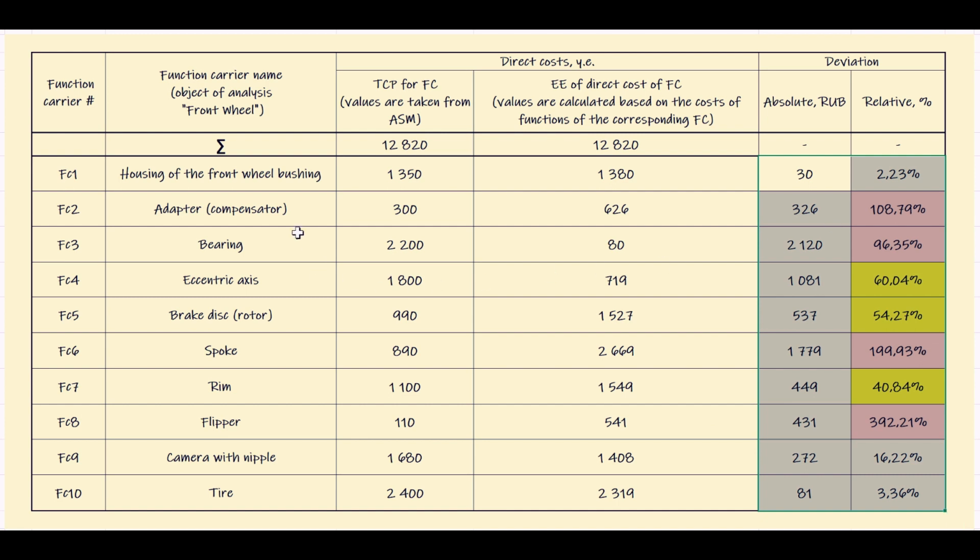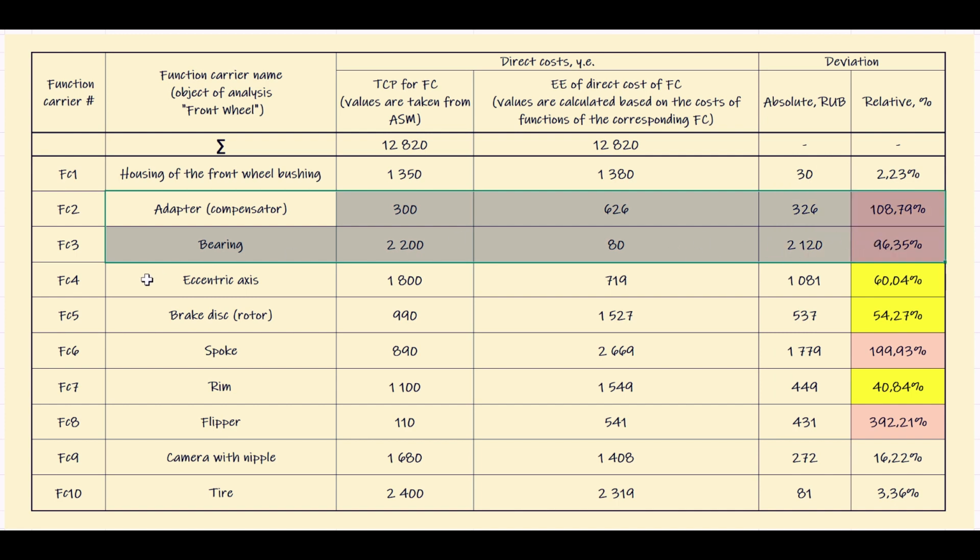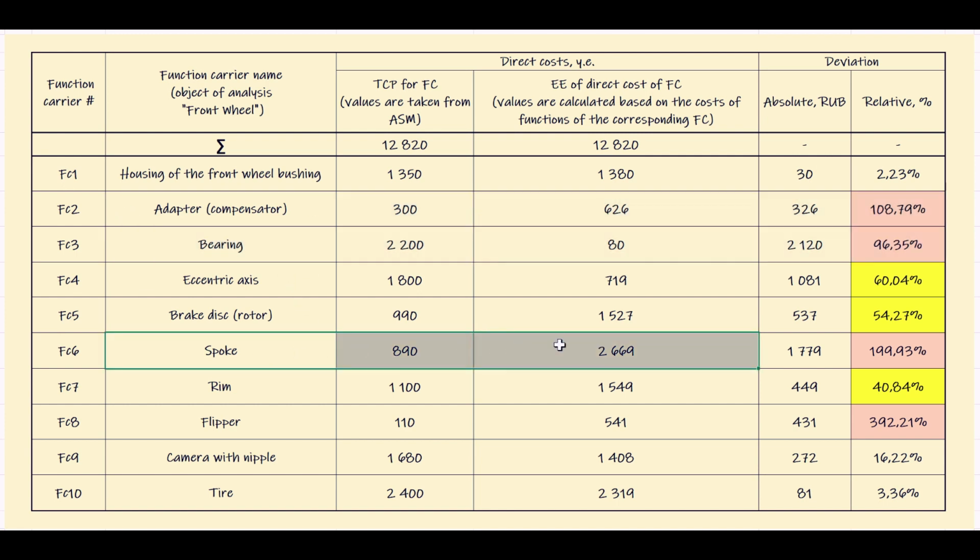Indeed, for the lower-level abstract functional model and complete functional model, significant discrepancies between the calculated and actual values are impossible. Firstly, due to the detailed and time-consuming consideration of each structural element, each wall, chamfer, roughness, etc. And secondly, due to the approximately same level of structural complexity of function carriers.